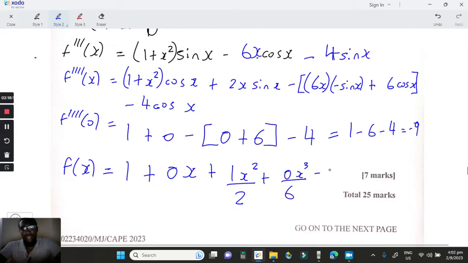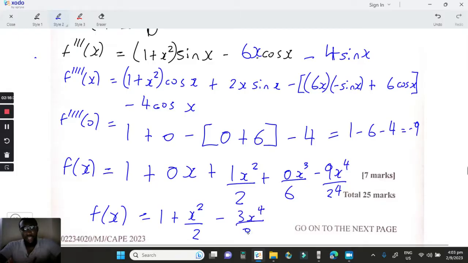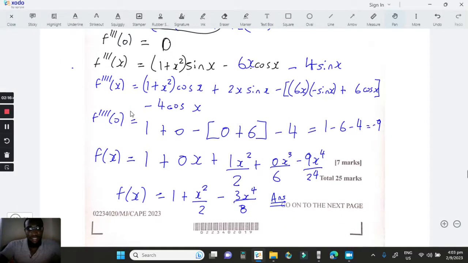Then we have minus 9x to the 4 over 24. So in that case, it works out to be 1 plus x squared over 2 minus 9 over 24, 3 into itself, 3 times, 3 into 24, 8 times. So it's really 3x to the 4 over 8. That's the answer. Alright? So it simplifies to be this.